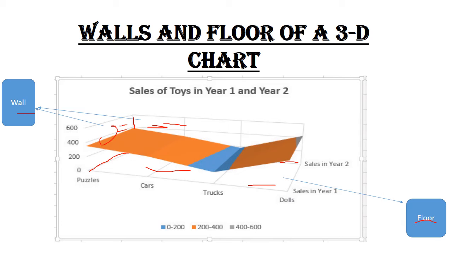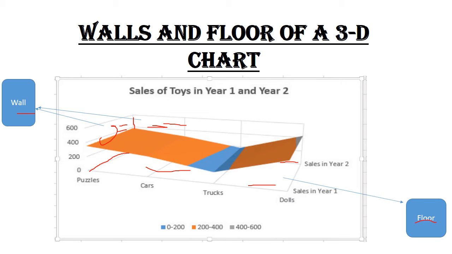This area and this area, these both areas are called walls. You can see where a wall is constructed in a building. Surrounding the building you will construct the wall, isn't it? In a similar way here also, the surrounding part, this part and this part, both are called walls.